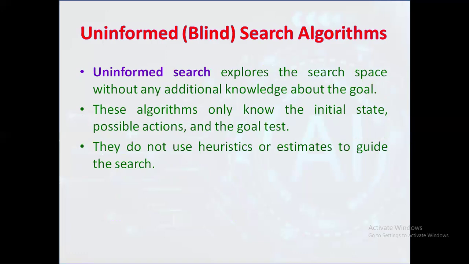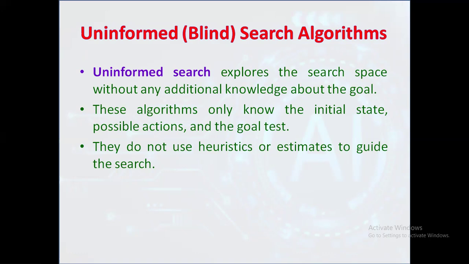Next, we'll see the uninformed search. This we are calling the blind search algorithms. The uninformed or blind search algorithms explore the search space without using any additional information beyond the problem definition. These algorithms do not have any heuristics or estimates to guide their search process. They only know the initial state, the possible actions, and the goal test.